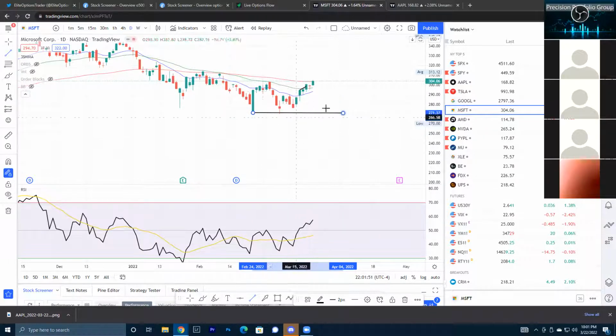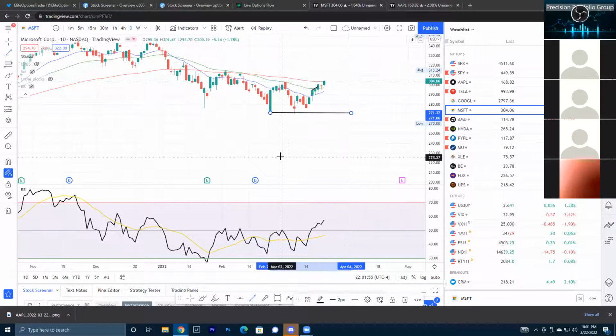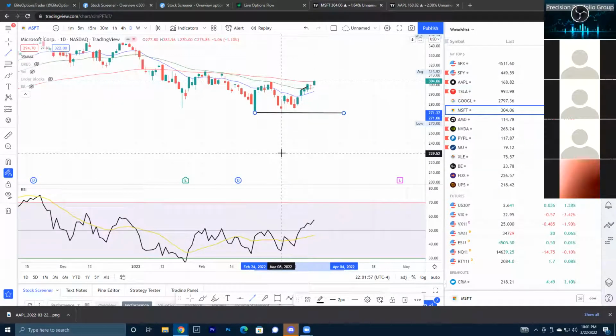But now, what do you think is going to form now? Very easy to look at. A double top. Bam. There you go. Because it's reaching that level now where it's either going to make it or break it.